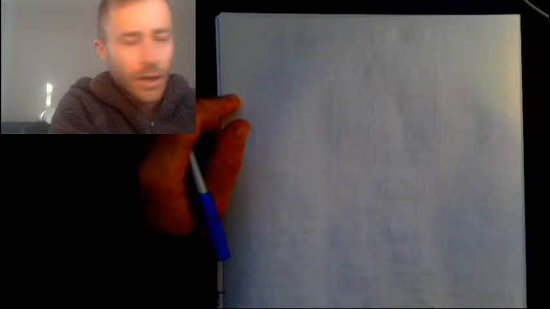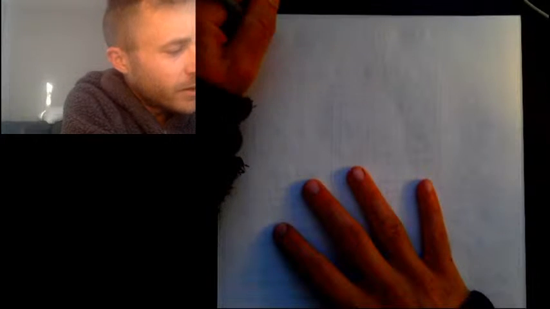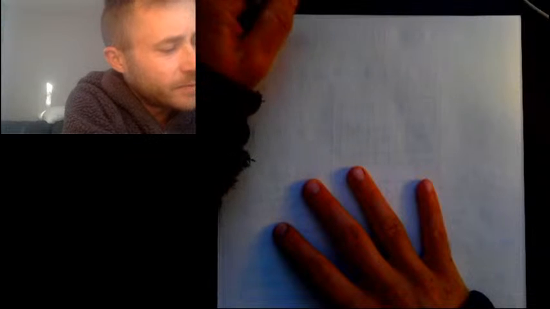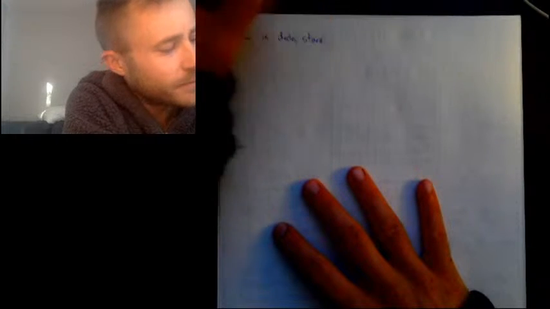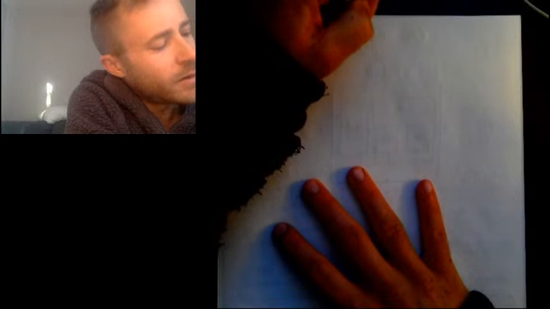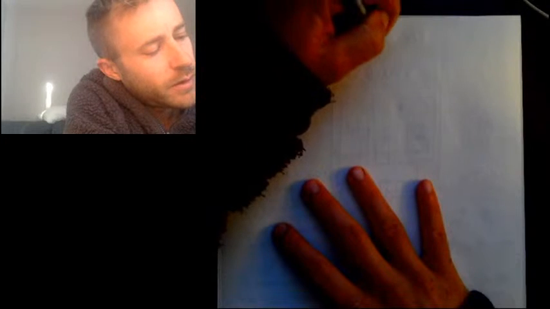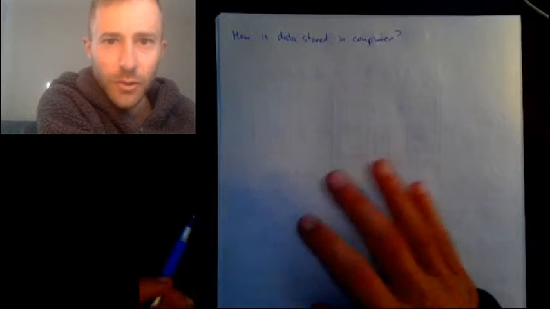So now we want to talk about how data is stored in the computer. And so basically it is stored as ones and zeros.